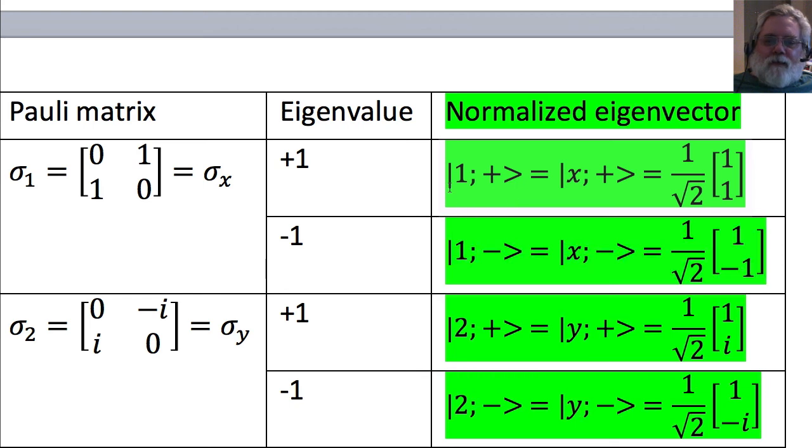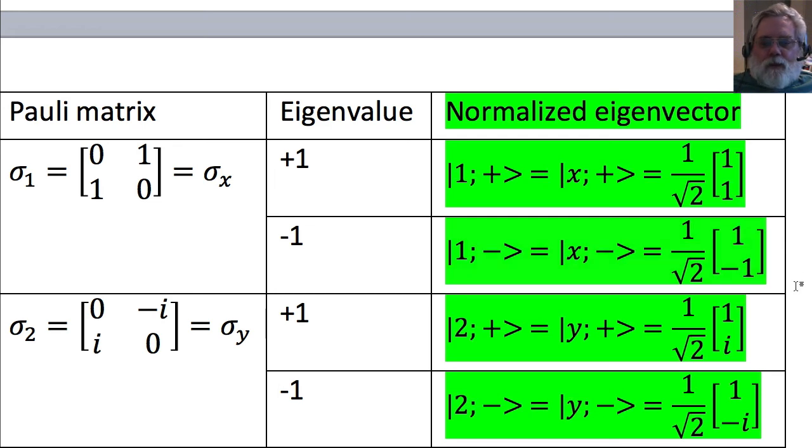And we give that the ket name 1 plus or x plus. Now, you could verify this. You could take this matrix and multiply it to the left of this vector, and you would get out this vector unchanged, which is to say this vector times plus 1. So you could check that this is a correct eigenvector without knowing how to find it in the first place.